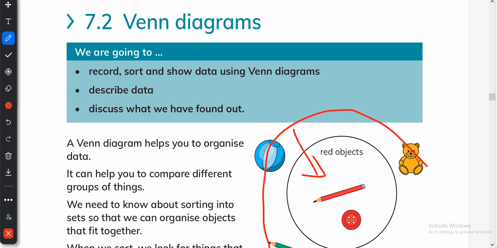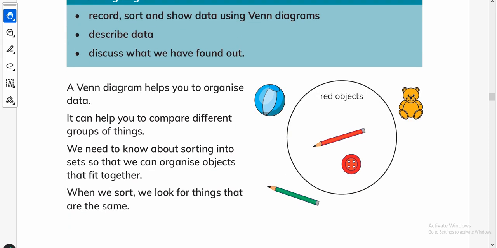This is because they are just learning how to sort the things, how to sort the data. A Venn diagram helps you to organize data. It can help you to compare different groups, and we need to know about sorting into sets so that we can organize objects that fit together.